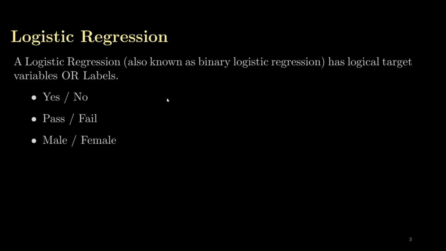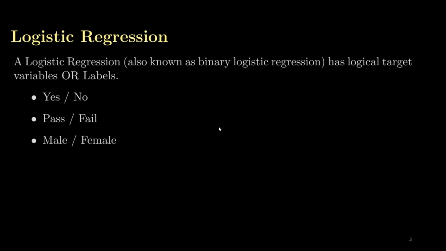So basically, what is logistic regression? Logistic regression, also known as binary logistic regression, has logical target variables or labels. Initially, logistic regression was designed to perform binary classification. Binary classification means it has two categories like yes or no, pass or fail, male and female. When we give these categories as input to our machine, we have to transform them into integers, so we get 1 for yes and 0 for no, and similarly 1 or 0 for the other categories as well.